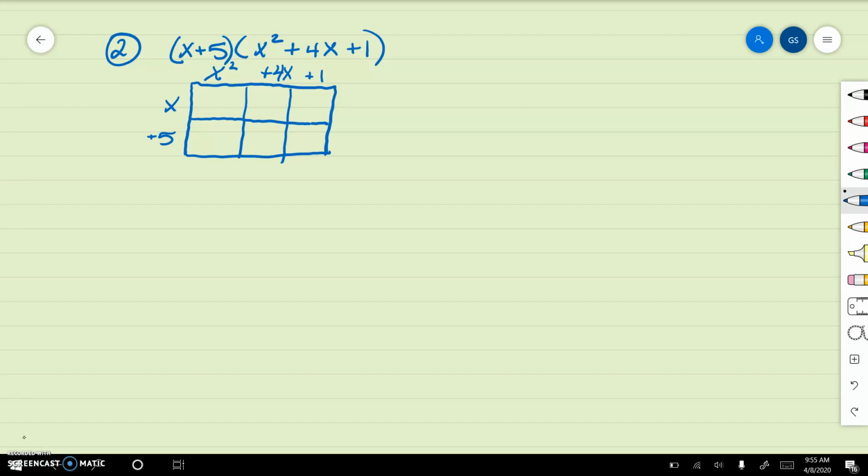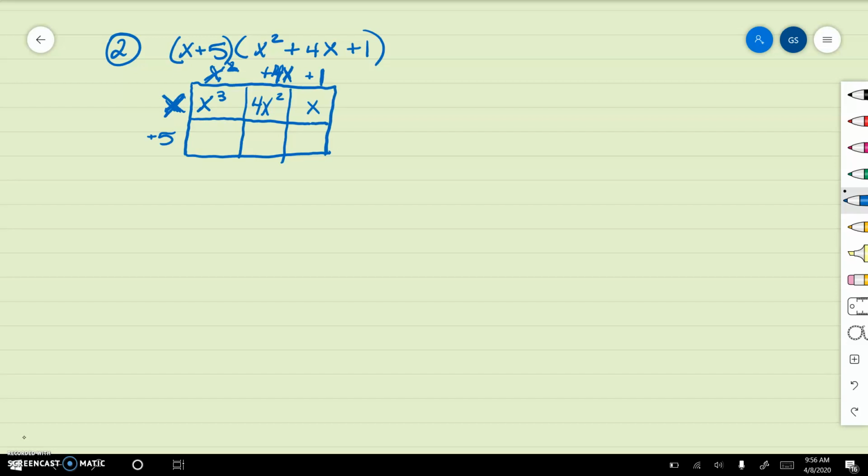All right, so now we are going to fill in the box by multiplication. So x squared times x is x to the third. 4x times x is 4x squared. 1 times x is x. 1 times anything is itself, so 1 times x is x.